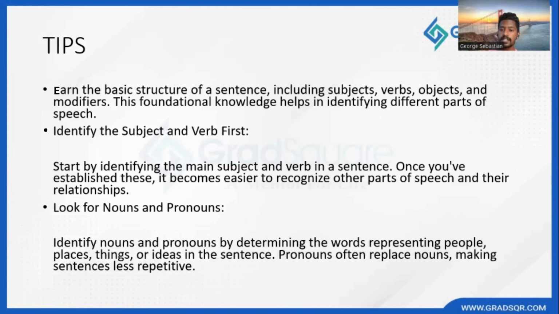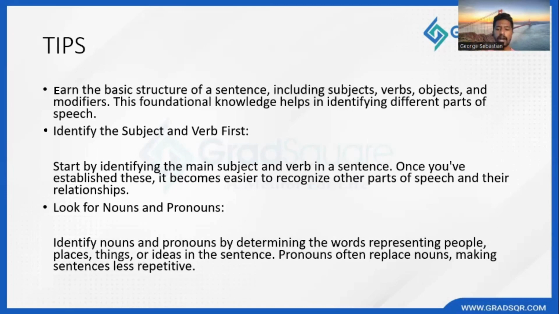Then, what is the action happening? Basically the verb. And finally, we have to find out the object. It will be very easy when we first start by identifying the main subject in the given sentence, right? When we have found this out, it becomes very easy to recognize other parts of speech and other relationships between other words in the given sentence.